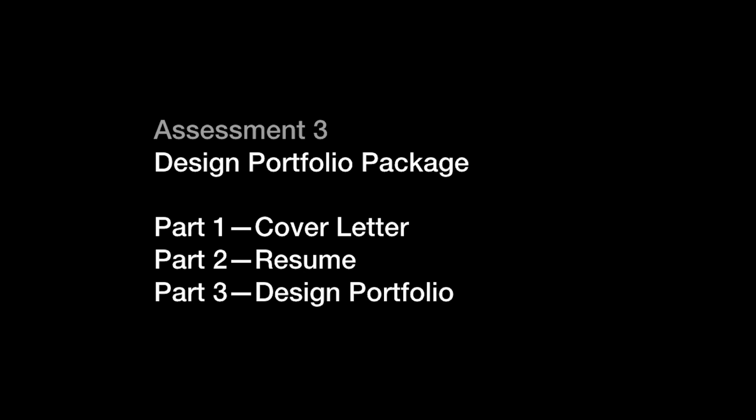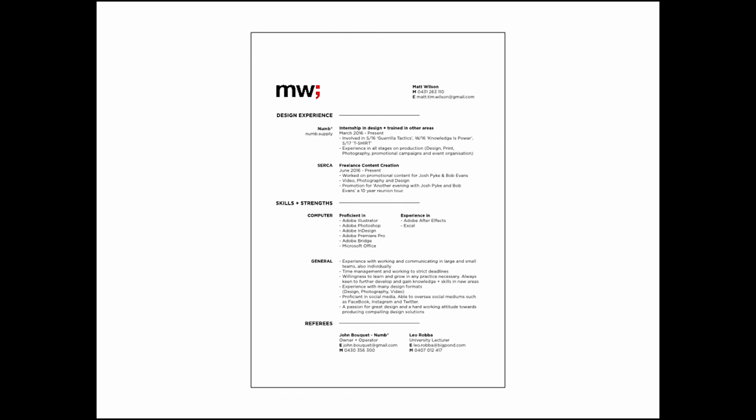Assessment 3 focuses on creating a design portfolio package and is broken into 3 parts, with Part 1 being a professional cover letter, Part 2 being a resume, and Part 3 being a design portfolio. Your cover letter, resume, portfolio package is the ultimate tool in getting a job.